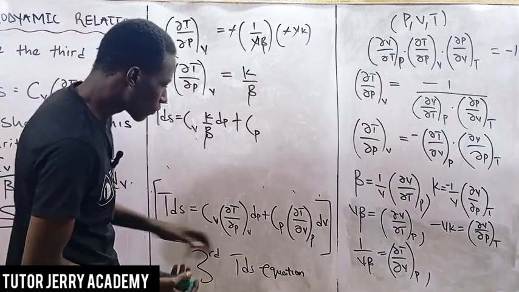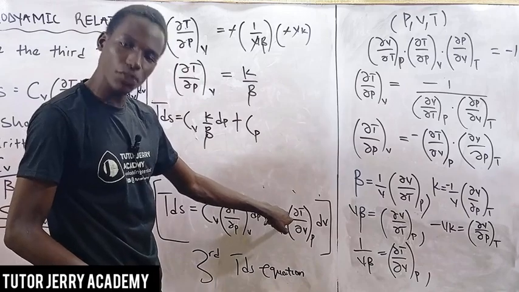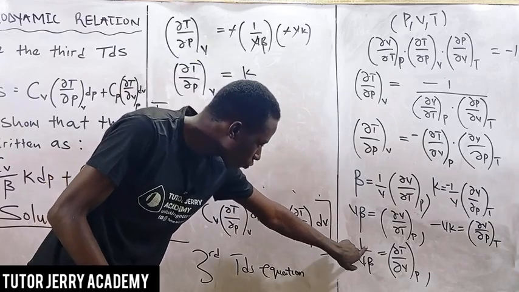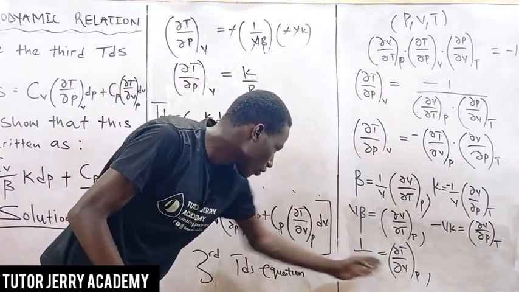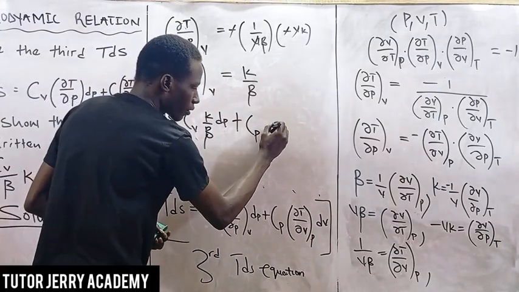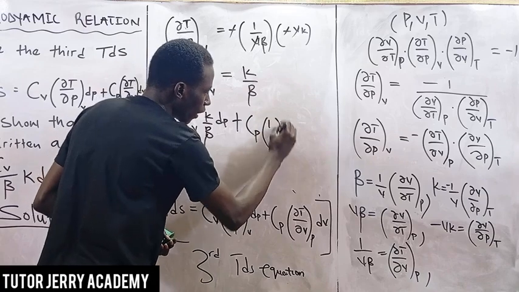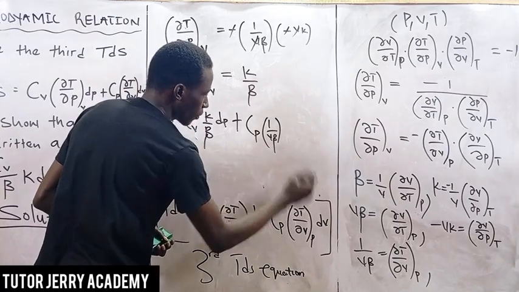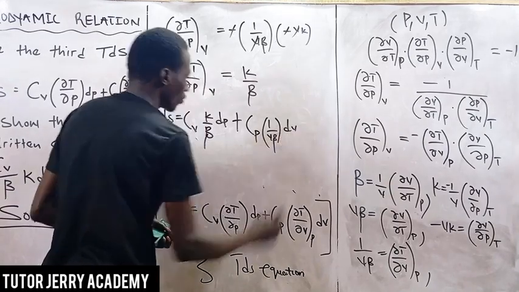Now, in place of this, that is the partial derivative of t all over the partial derivative of v keeping p constant, we are going to put 1 all over v beta, because of course they are equal. So if we do that, we are going to have 1 all over v beta, and we have the dv. So this is what we have.